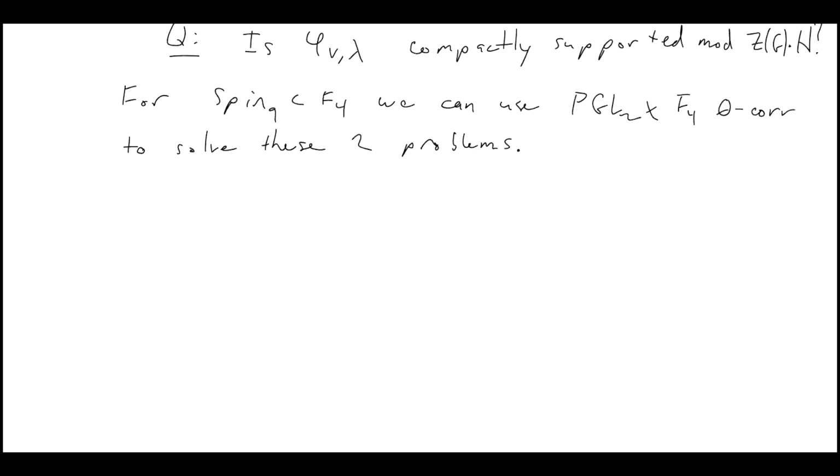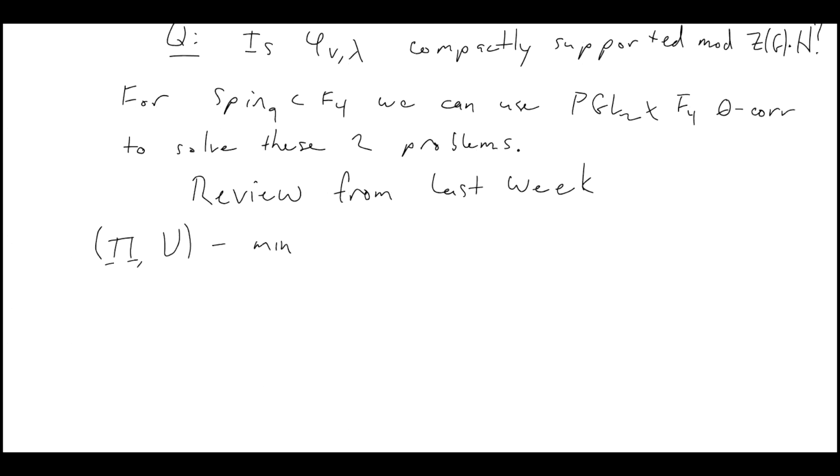Let's begin with just a little review from last time, just to reset some notation. We have pi v, a minimal representation of a split adjoint group of type E7.